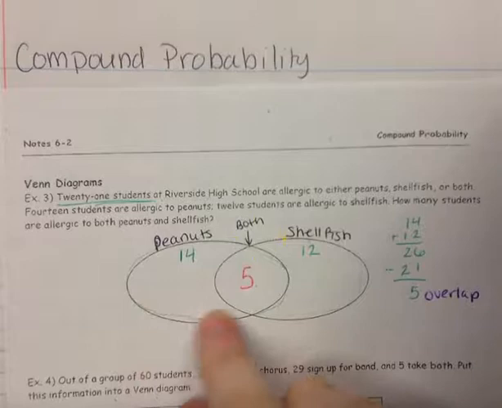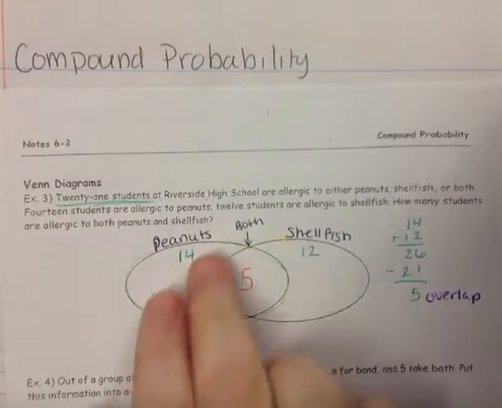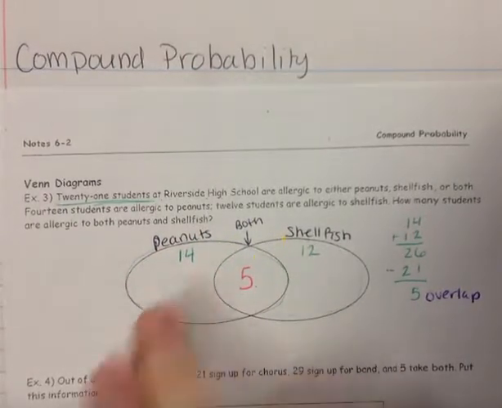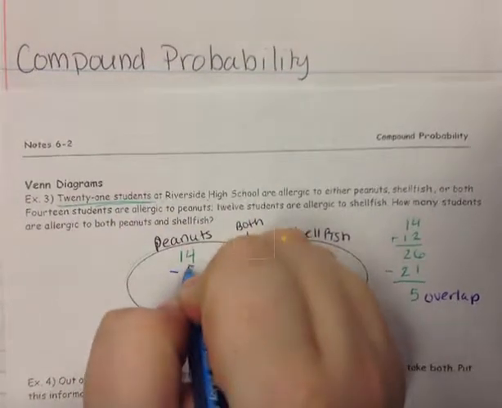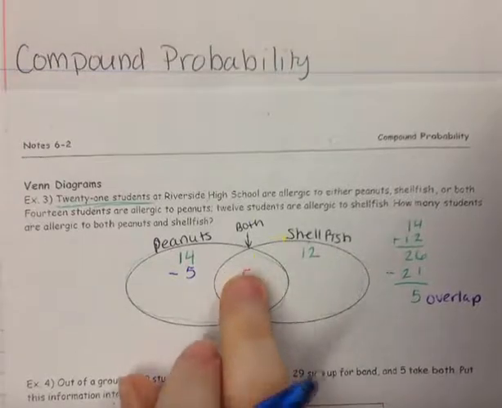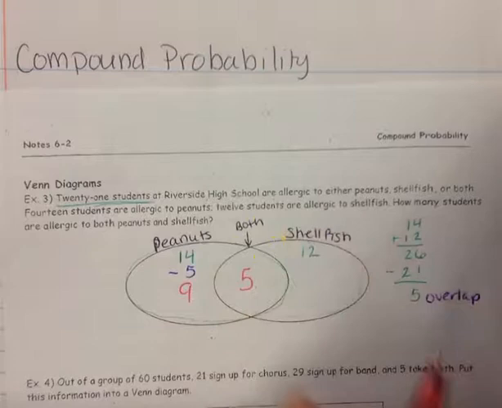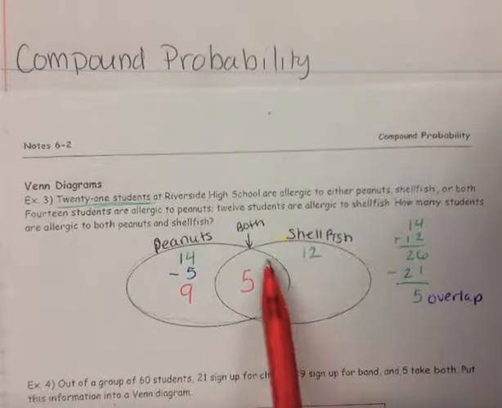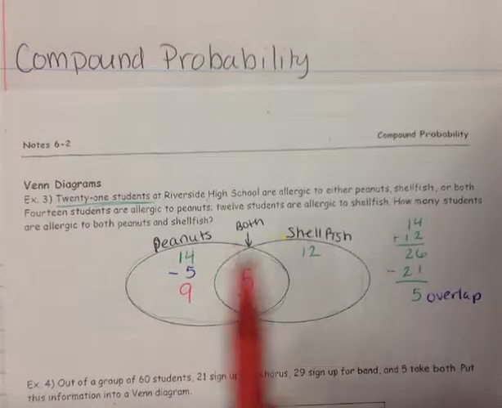To take away, you have to subtract. So if we subtract the 5 from the 14, because that's how many people are already allergic to both, I'm left with 9 students over here. Now again, if we take this entire circle, we have the 9 and the 5. Those together are 14 students. So we still have 14 students who are allergic to peanuts.